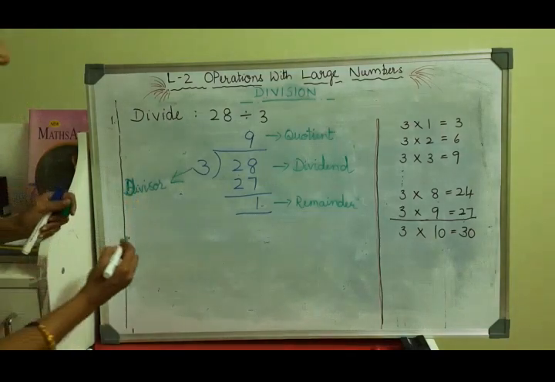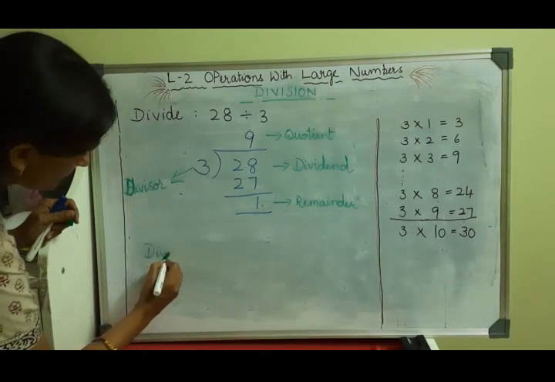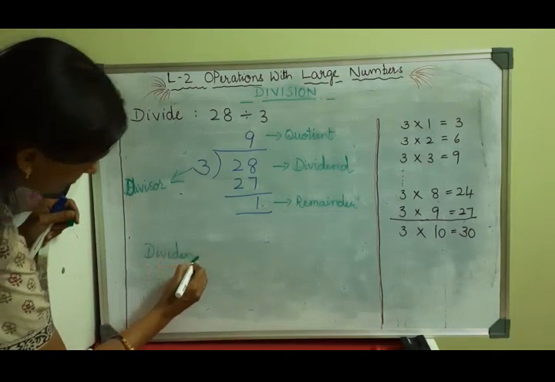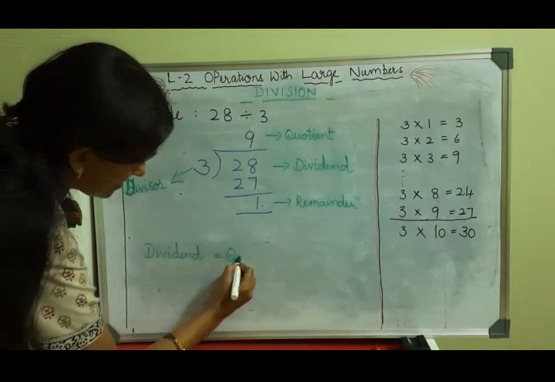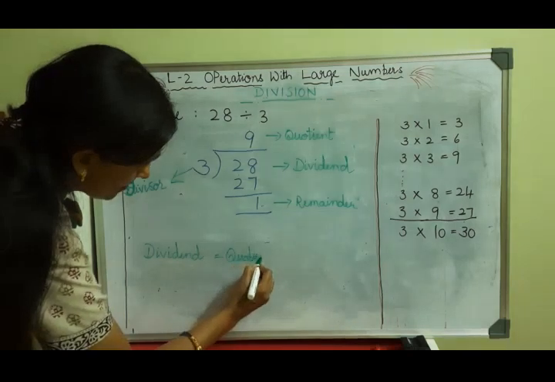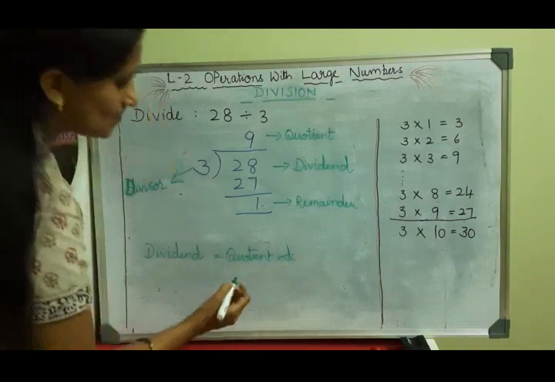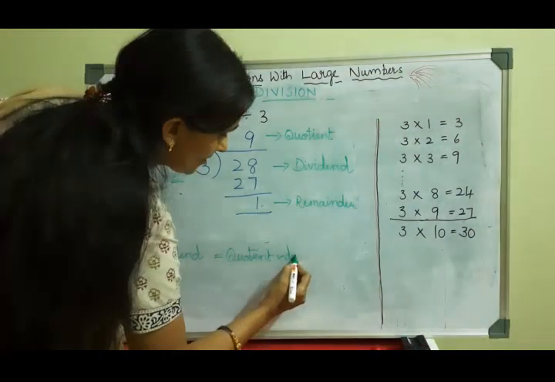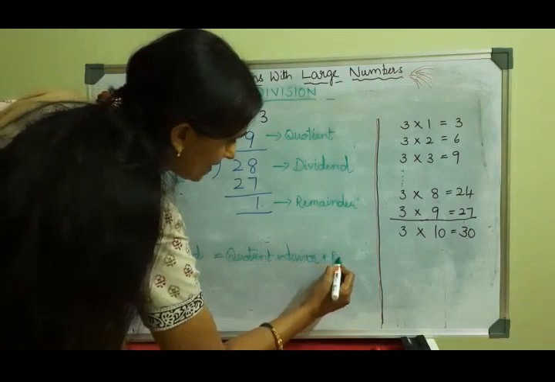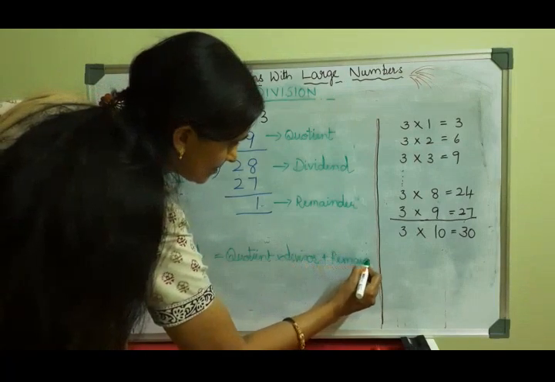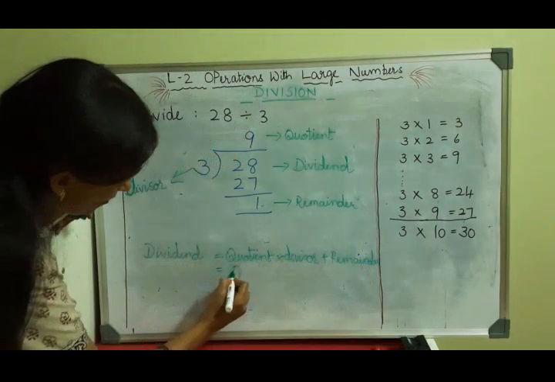To check the answer, you know the equation: dividend equals quotient into divisor plus remainder. Now let me write it in short form.